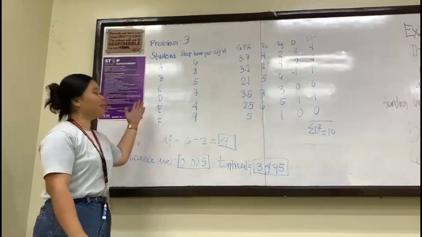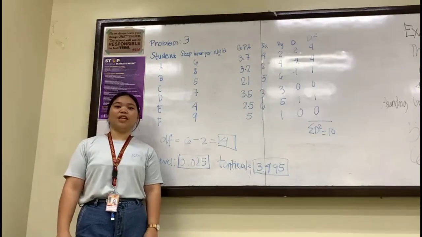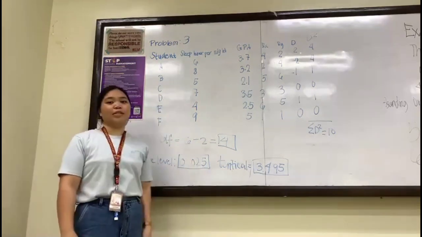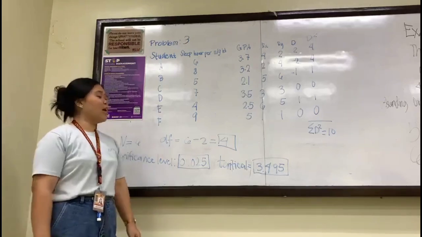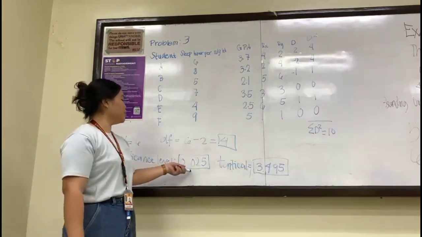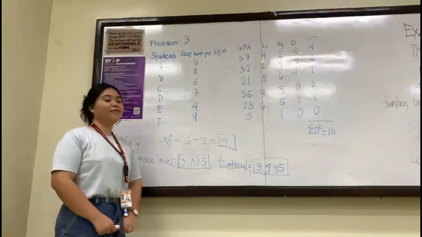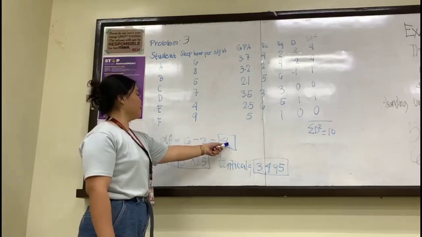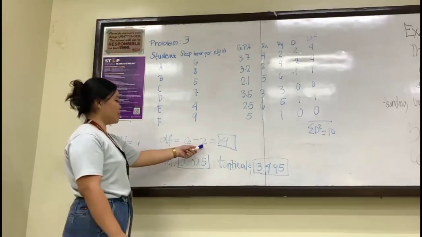Next is problem number 3. A school counselor wants to determine if there is a relationship between the number of hours of sleep the students get each night and their GPA. At the 0.025 significance level, let's find our degrees of freedom. 6 minus 2 is equal to 4 because our n is 6 and the given is n minus 2.